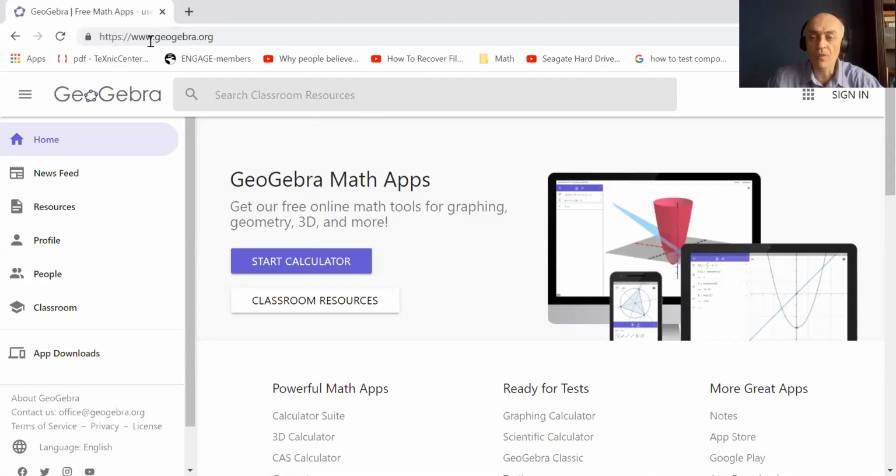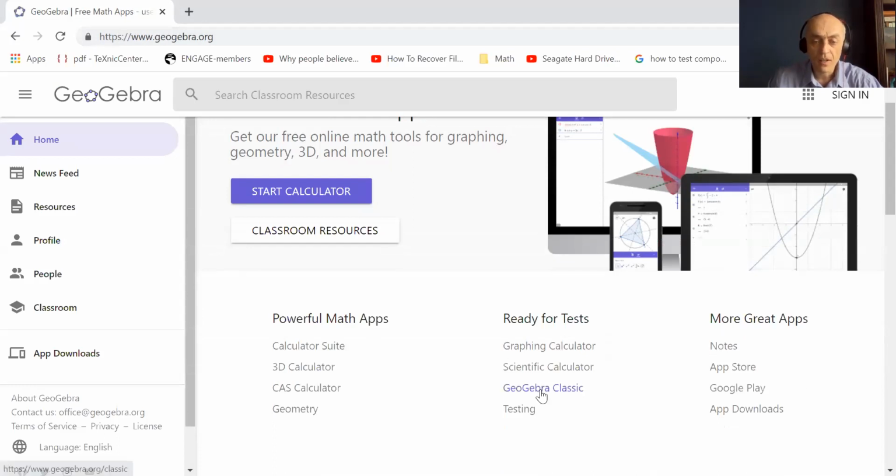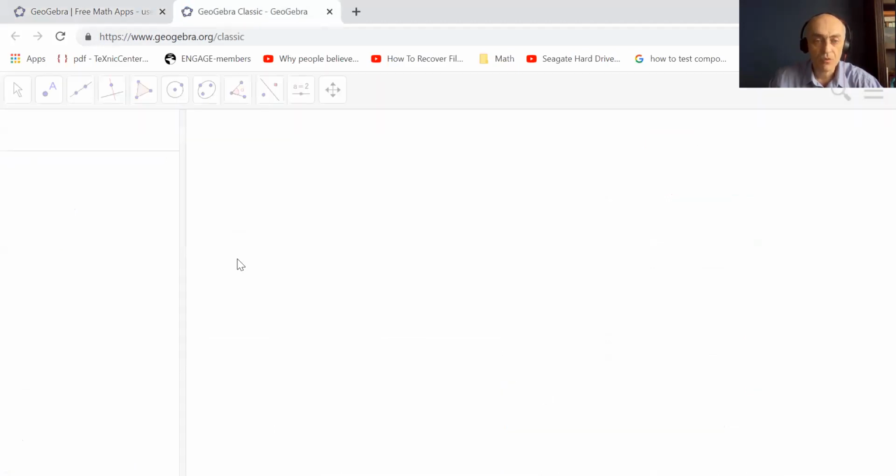By the way, both of these are free, so don't pay any money. If they ask you to pay money, this is all free here. And I'm going to choose the GeoGebra Classic, for example, and that's going to pull up here on the screen.